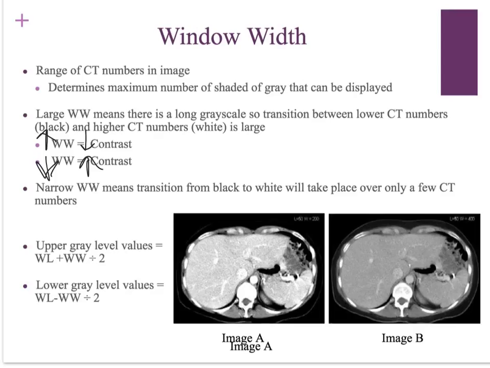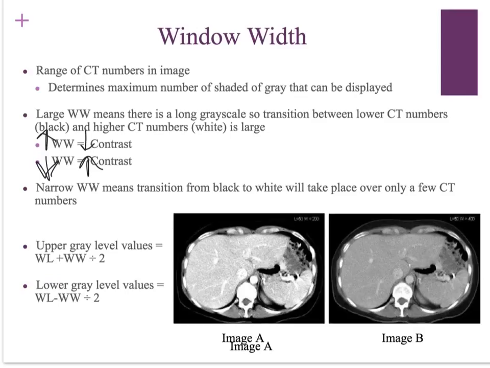Upper and lower limits of gray levels can be calculated, and they each have their own formula. The upper gray level values are calculated with this formula right here by taking the window level plus the window width and dividing it by 2. And the lower gray level values are found by window level minus window width divided by 2.